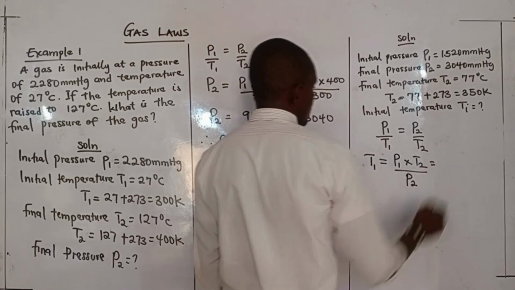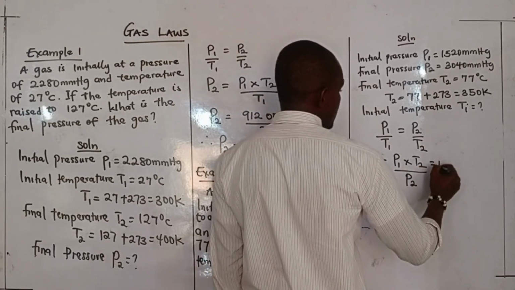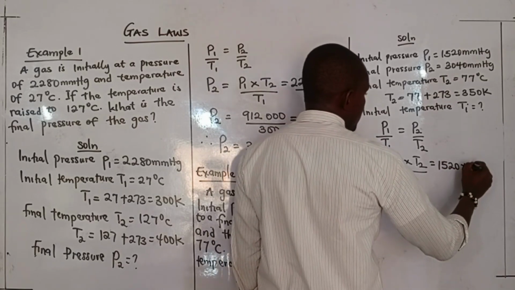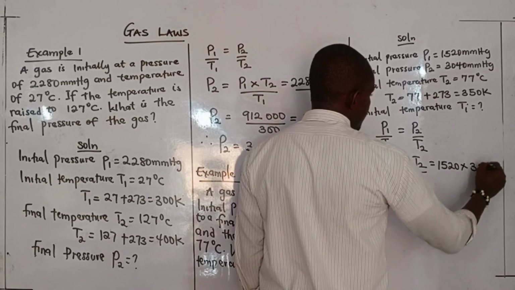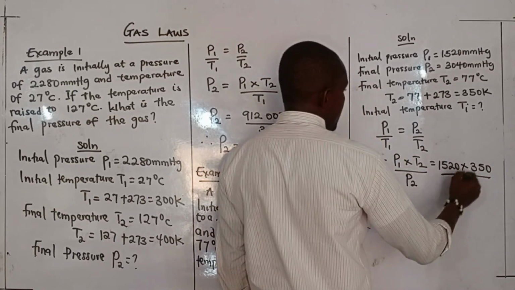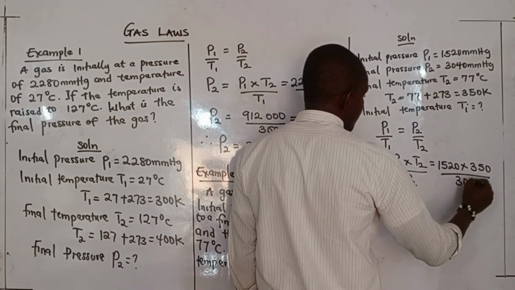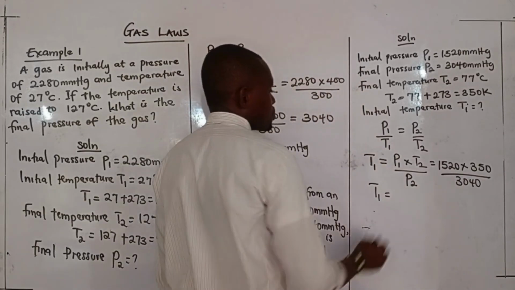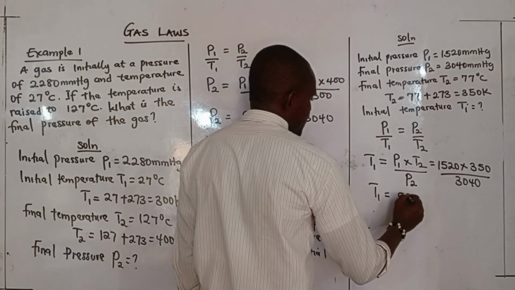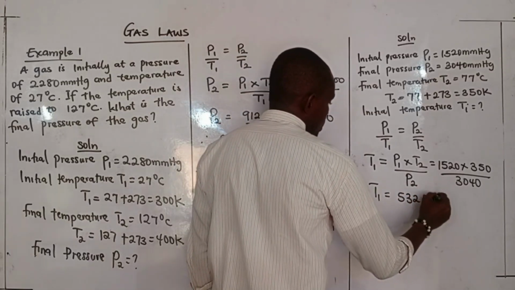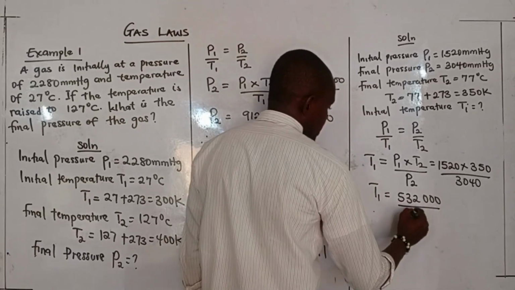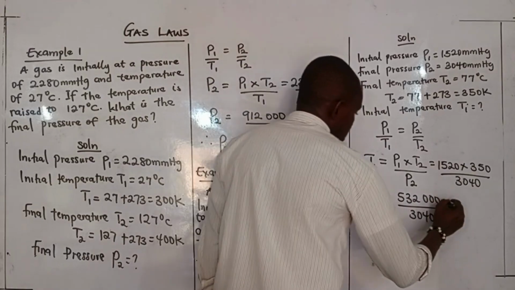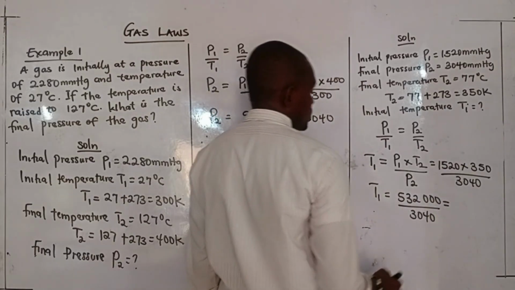So our P1 is 1,520, times our T2, which is 350, divided by 3,040. So T1 is equal to 532,000 divided by 3,040.